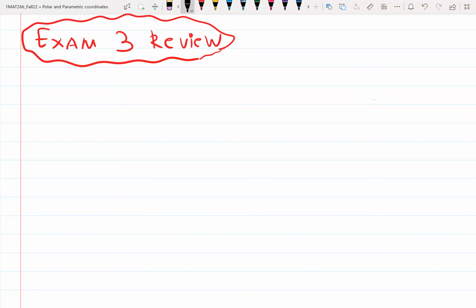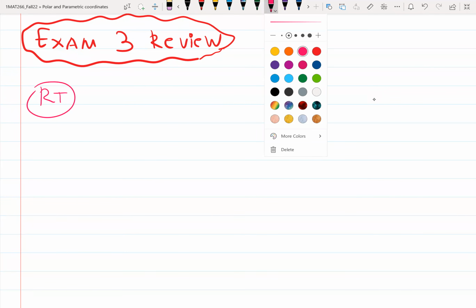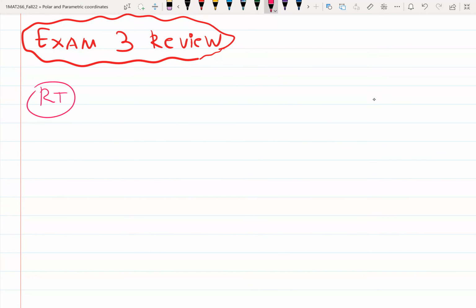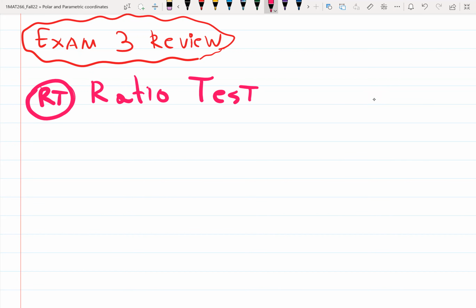Let's start with the ratio test. Ratio test will be a big part of the exam. I told you that before, it's not a secret at all. Sometimes we even put it in the free response part, but it's definitely everywhere in the multiple choice part of the test.